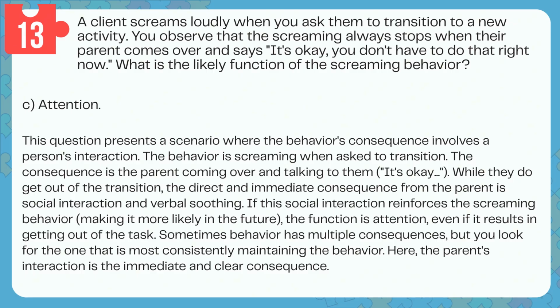If this social interaction reinforces the screaming behavior, making it more likely in the future, the function is attention, even if it results in getting out of the task. Sometimes behavior has multiple consequences, but you look for the one that is most consistently maintaining the behavior. Here, the parent's interaction is the immediate and clear consequence.